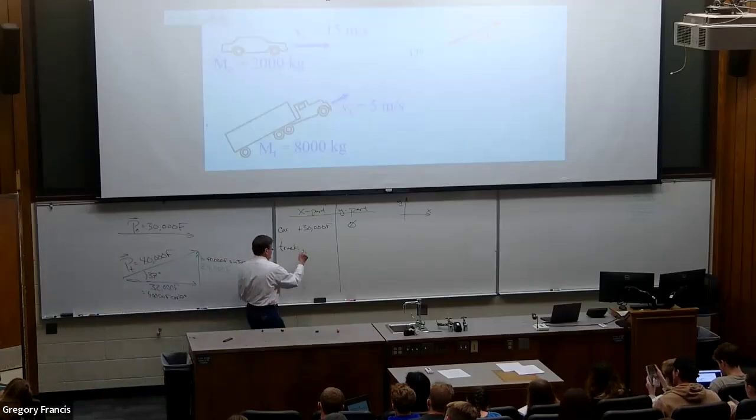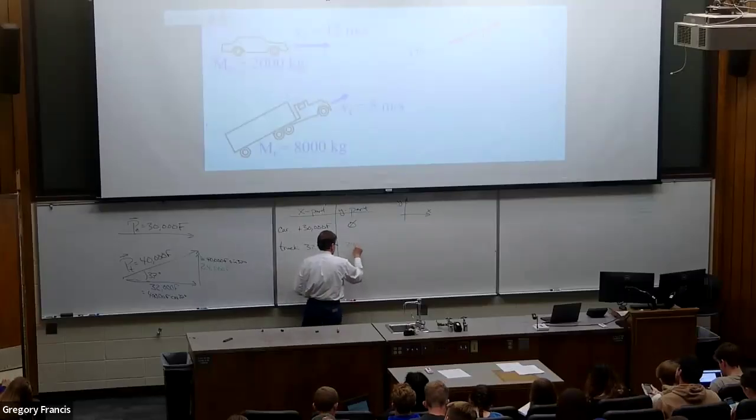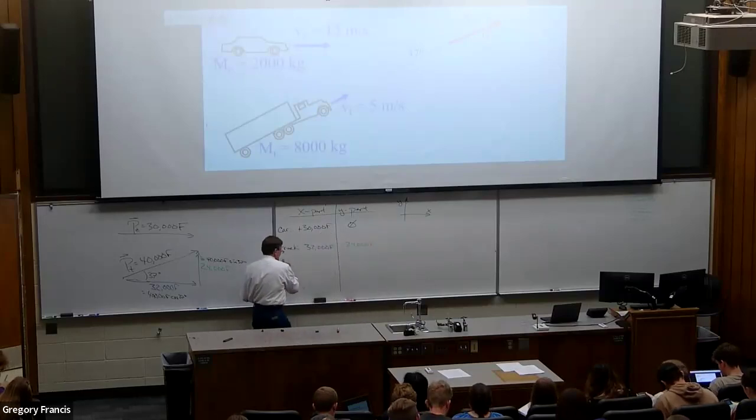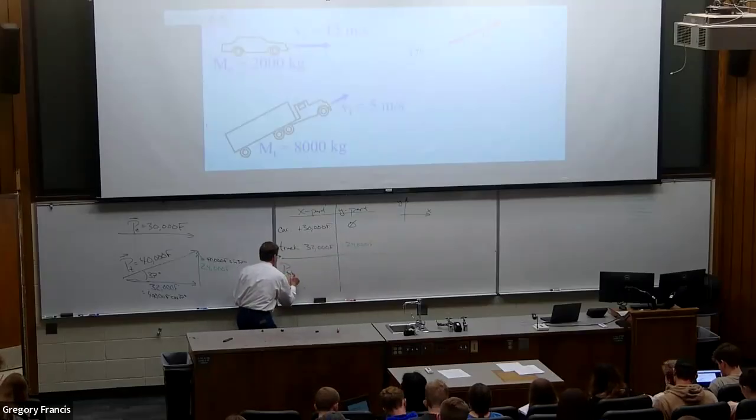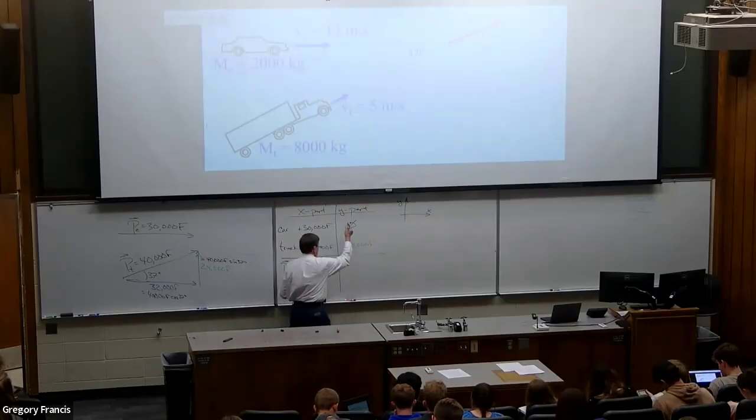Now I put those in here, 32,000 for X and 24,000 for Y. And then I add up the columns to get the total momentum for the system. And this is going to give me 62,000 in the X direction and 24,000 in the Y direction.